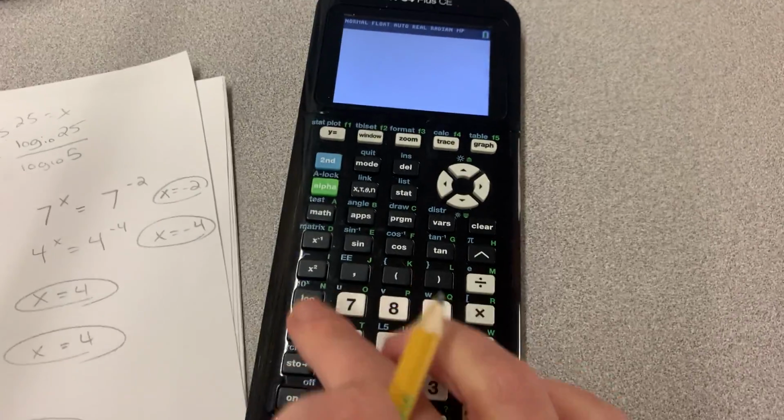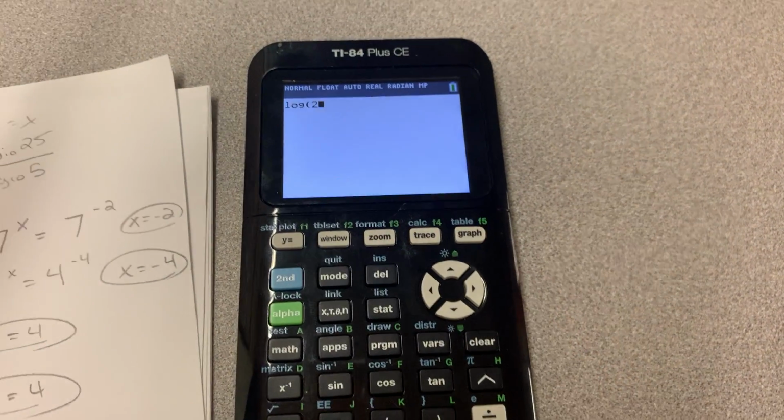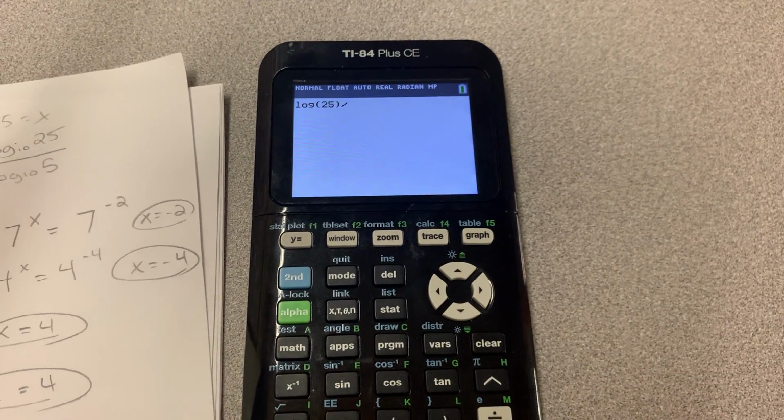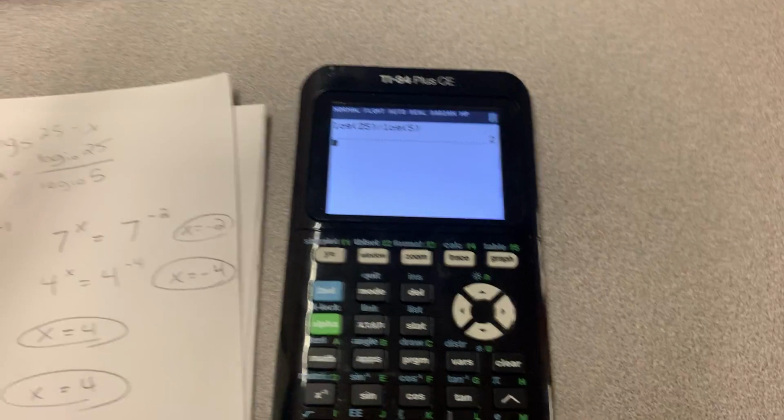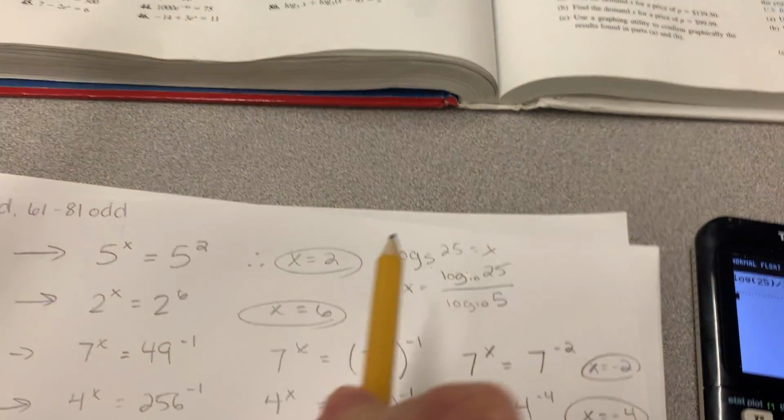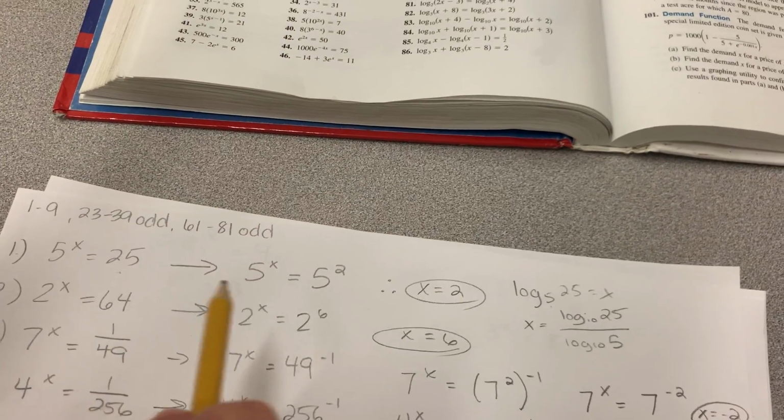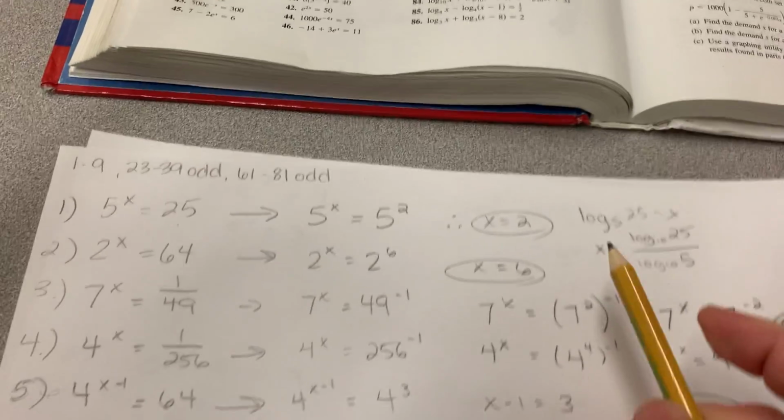Well, log 25, it's assumed that the base is 10, divided by log 5 gives you 2 as well. So you could have done this method or this method, kind of a guess and check or a formula.